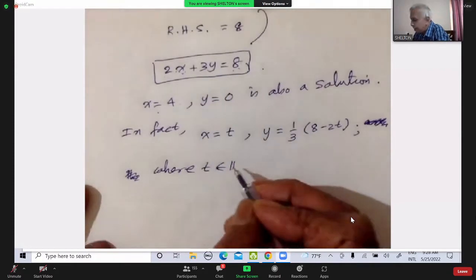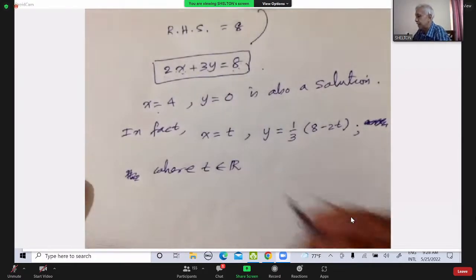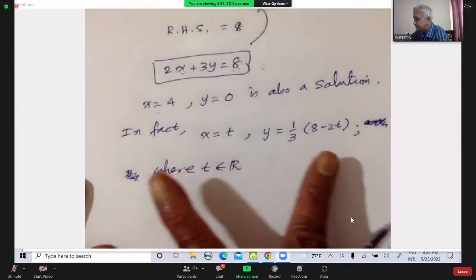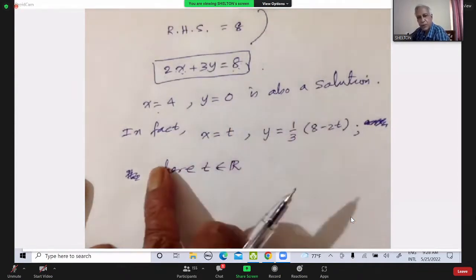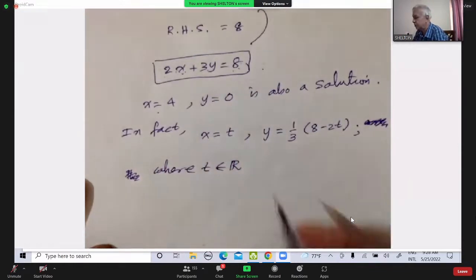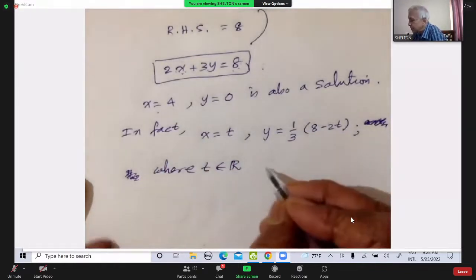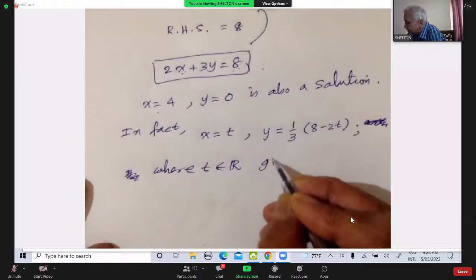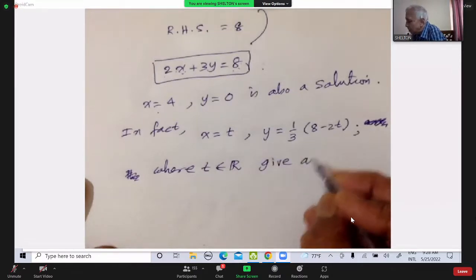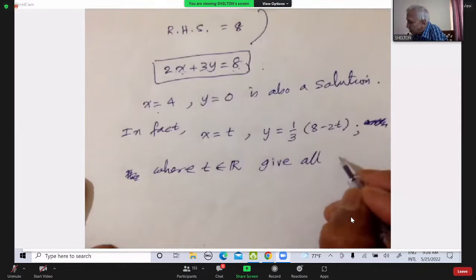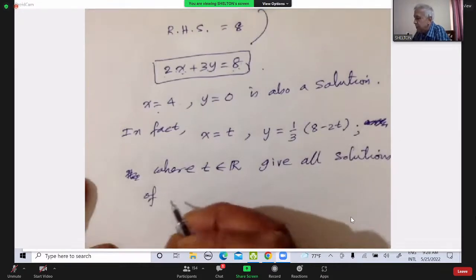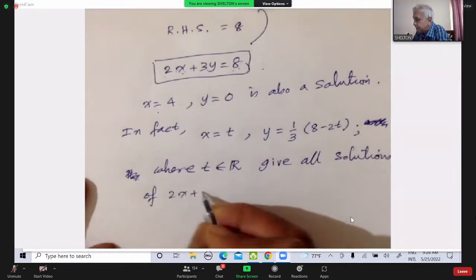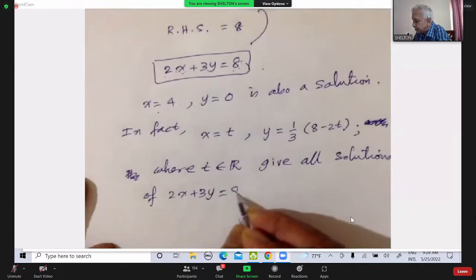So this value of x and value of y, for any t belonging to R, give us all solutions of 2x plus 3y is equal to 8.